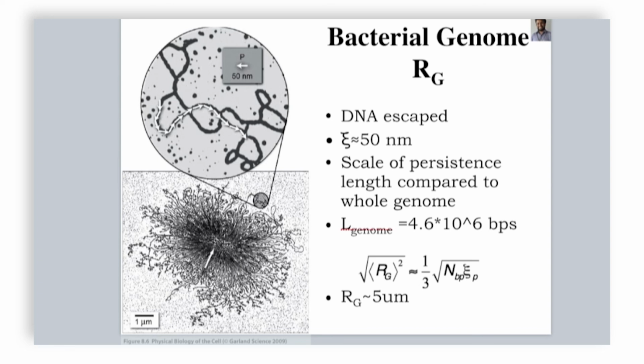The probability of their density is highest at the center, and it decays in a Gaussian fashion in 1D, 2D, and 3D. So it is interesting to note that in the electron micrograph in the image below, the cell was lysed and the DNA was stained, and with a persistence length of 50 nanometers, the radius of gyration comes to 5 microns.